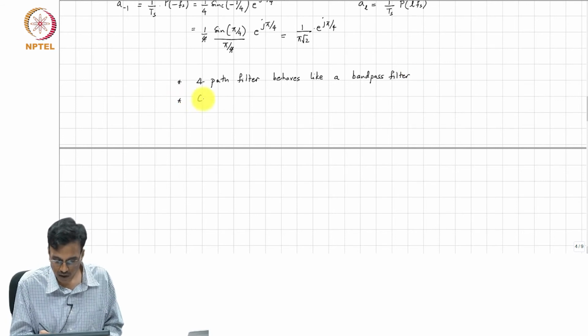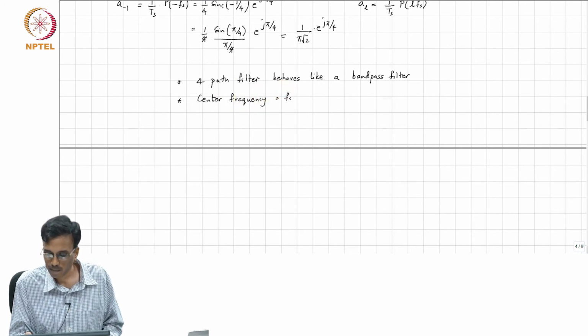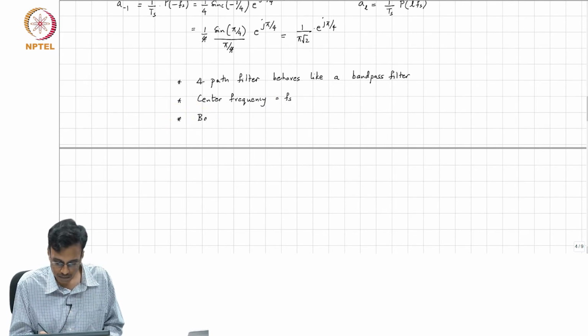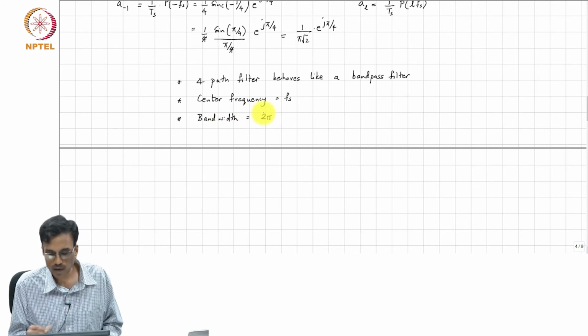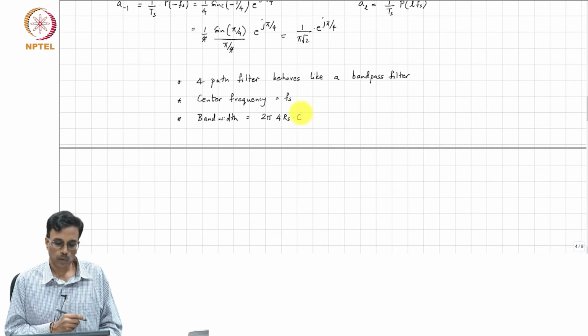Center frequency is Fs, right? Bandwidth is 2 pi times 4 Rs times C. Okay.